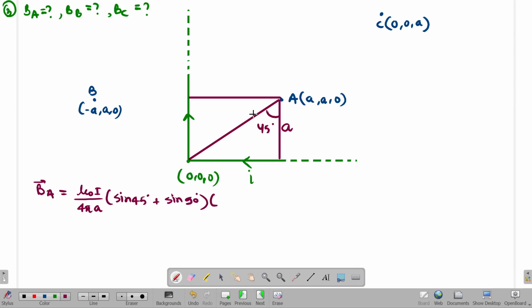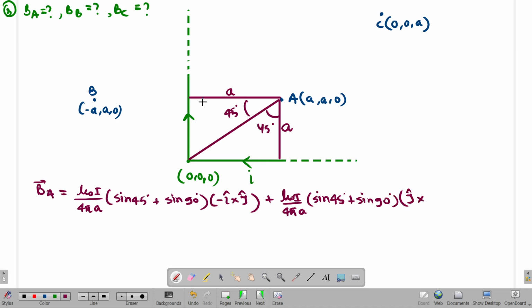Now, for this, the L cap direction is minus I cap, cross the R cap direction, which is J cap, isn't it? Now, due to the other wire, once again mu naught I by 4 pi A. This angle is also going to be 45, and this length is also A. So once again sine 45 plus sine 90, L cap minus J cap and J cross I.